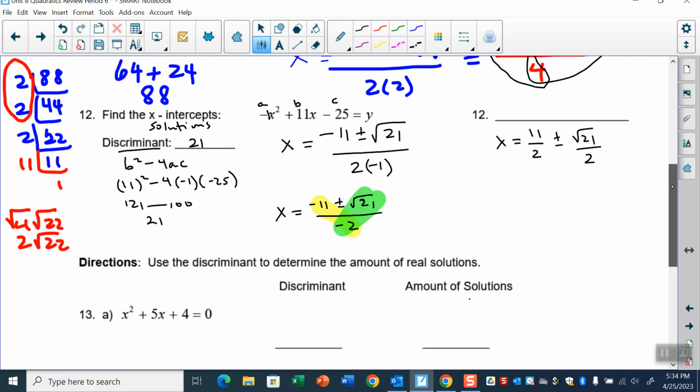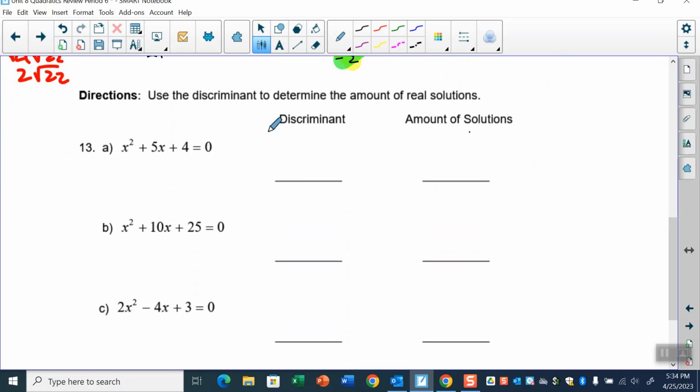All right, and then number 13, again, if we want to know the discriminant, that's b squared minus 4ac. So here a is 1, b is 5, and c is 4. So I'm going to have 5 squared minus 4 times 1 times 4.